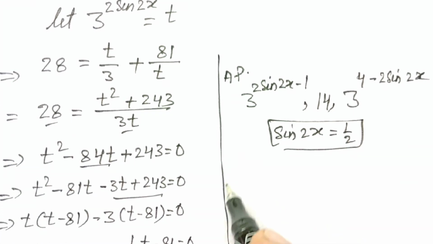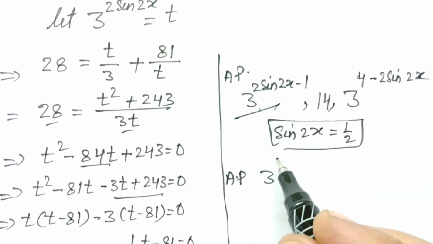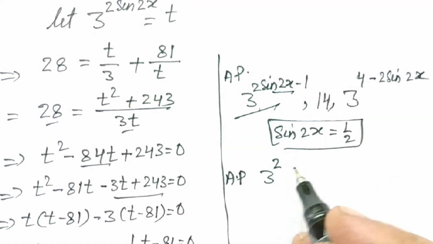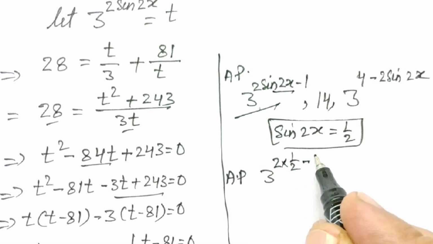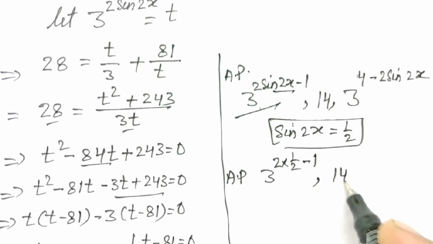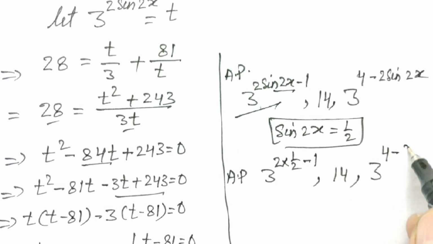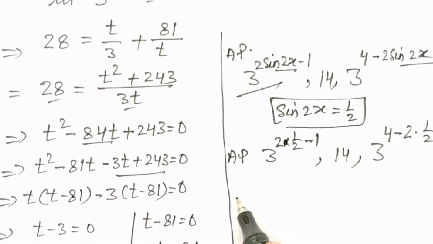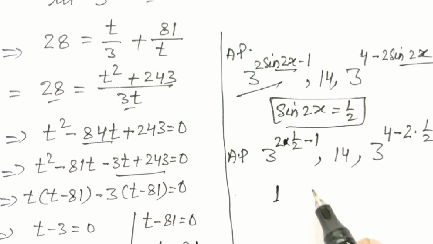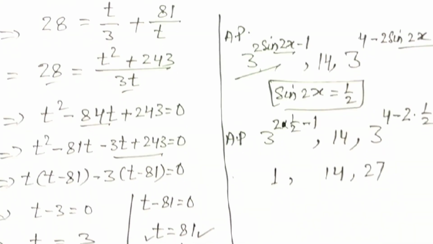So this arithmetic progression will change as 3 to the power half, sorry, 3 to the power 2 times half minus 1, second term 14, third term 3 to the power 4 minus 2 times half. So here we get an arithmetic progression as 1, 14 and 27.